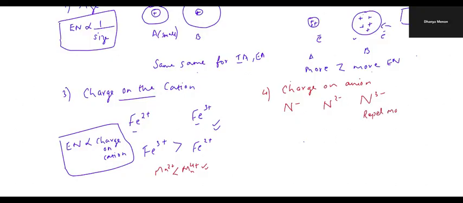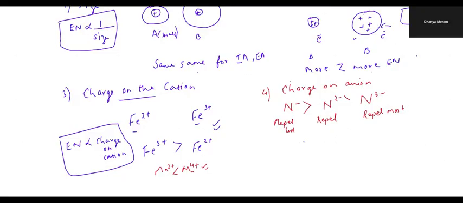Here there is a negative charge, but 2-. They will repel, but less than that, so they will also repel. But in N-, there's only 1 negative charge. So they will repel, but less compared to the other 2. All of them will repel, right? So in this case, the electronegativity will be more for N-, then N2-, and then N3-.